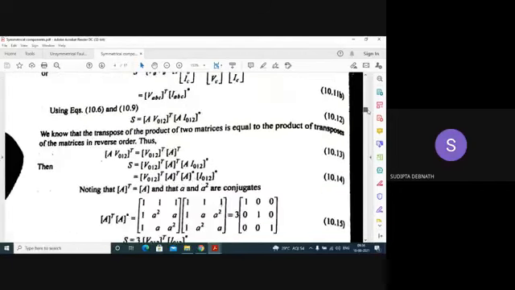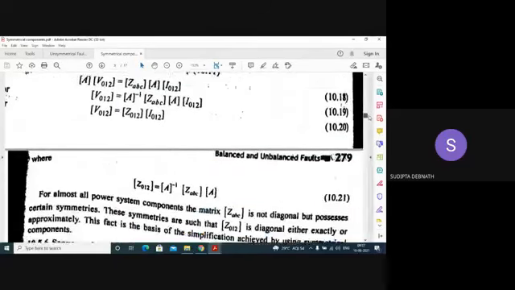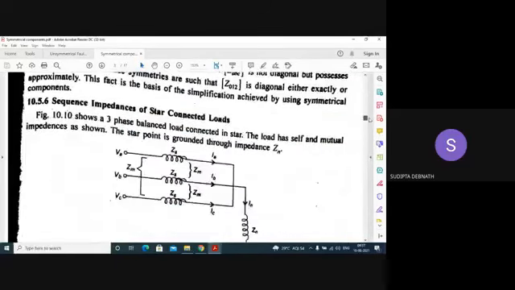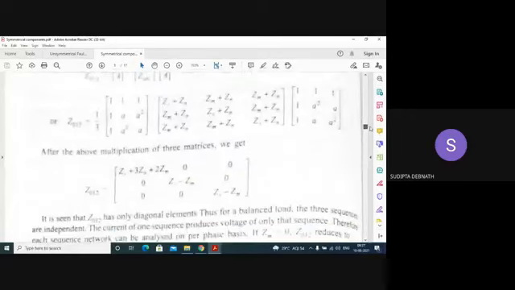We also saw the power in terms of sequence components, and the impedance matrix in terms of sequence components, and we found the sequence impedance matrix. We discussed the advantages of using sequence components.